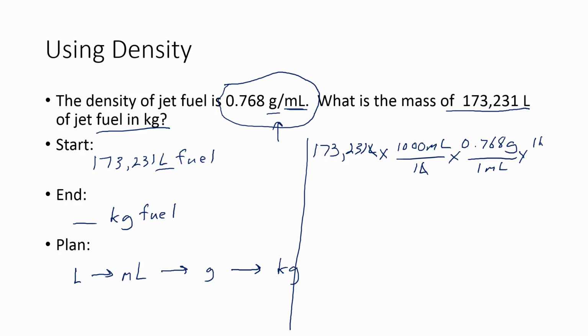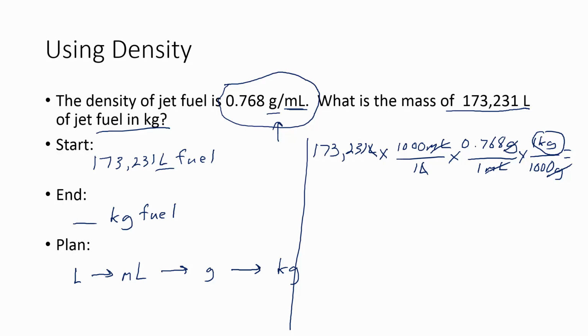And I have 1 kilogram for every 1,000 grams. So milliliters have canceled, grams have canceled. My units are kilograms of jet fuel. So as long as I put the correct ratios in here, everything is set up the right way to cancel to give me the right answer.